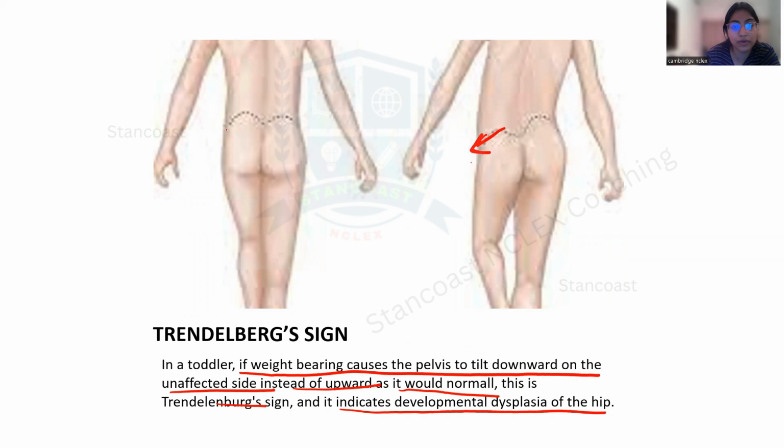If there is proper alignment, this is normal. But if while walking one side of the pelvis is downward and one side is upward, and this is causing limping, then this indicates a positive Trendelenburg sign.